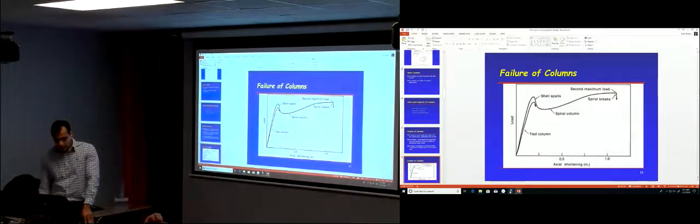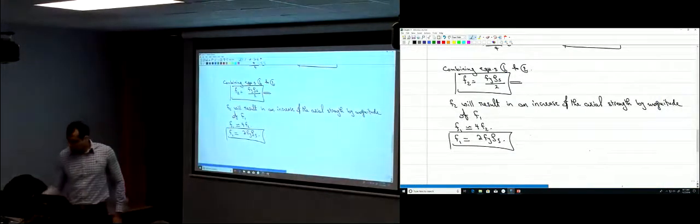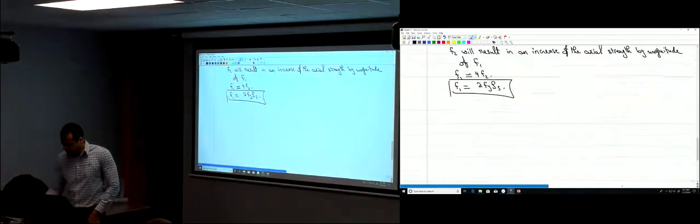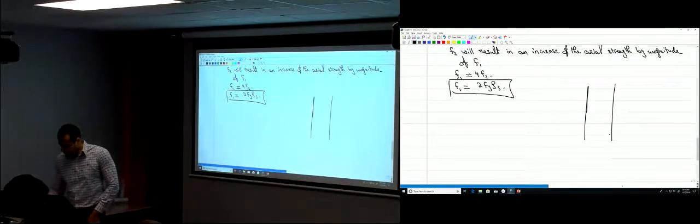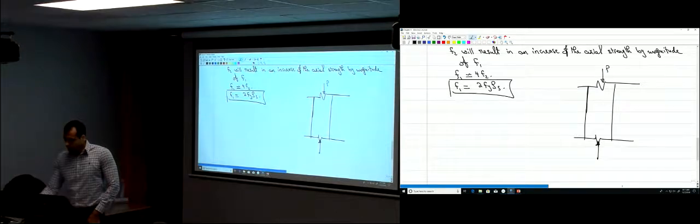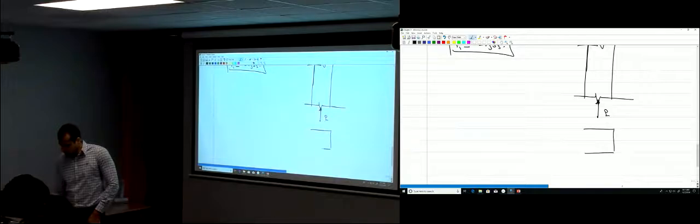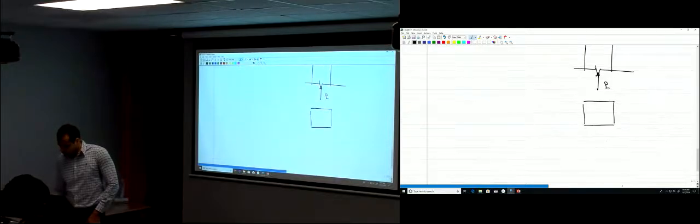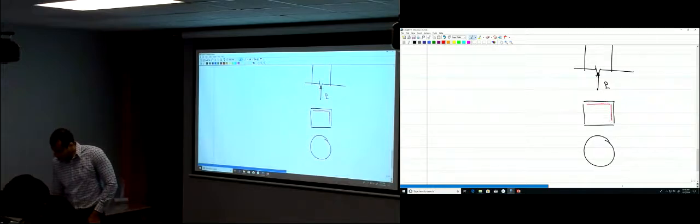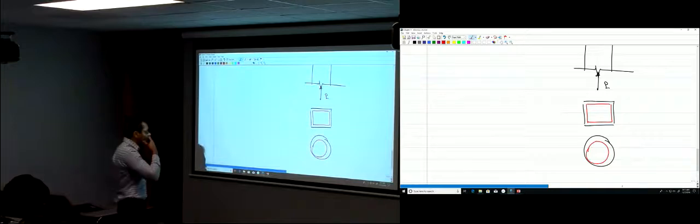So now, when we have a column, that's a column, that's a longitudinal bar, you apply a normal force, whether that column is rectangular like this or circular. You have some ties, either separate ties like this or spirals. You apply normal force.